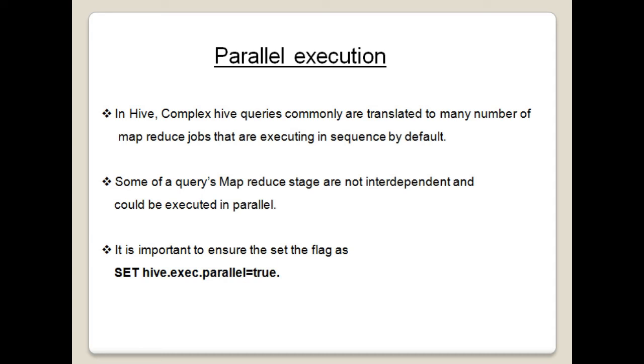But there are certain map reduce jobs whose stages are not interdependent on each other, and those stages can be run in parallel. So instead of running them sequentially, we can get the benefit of parallel execution. To set this parallel execution property, we have to call set hive.exec.parallel equal to true.